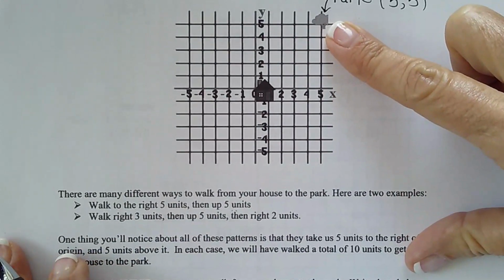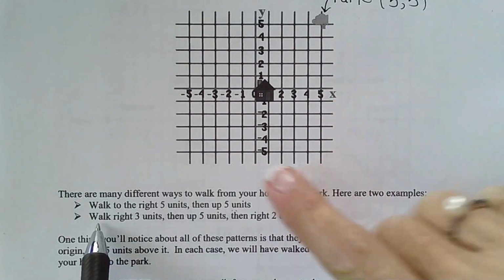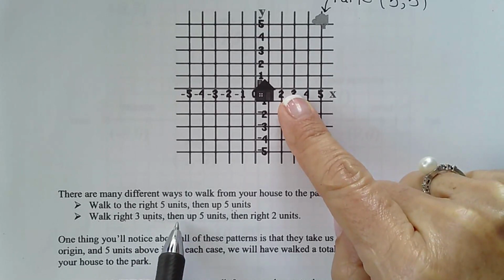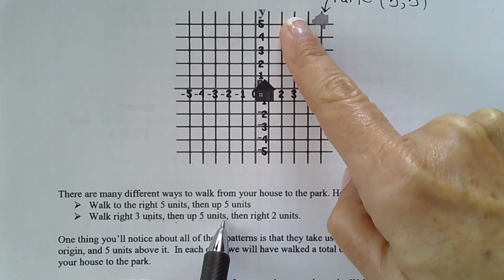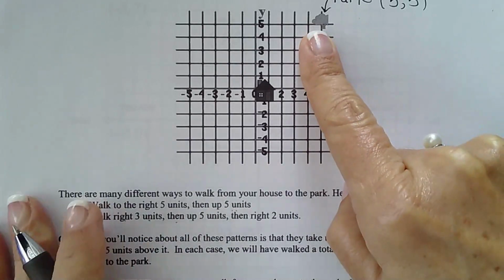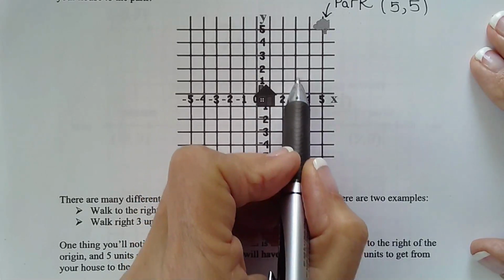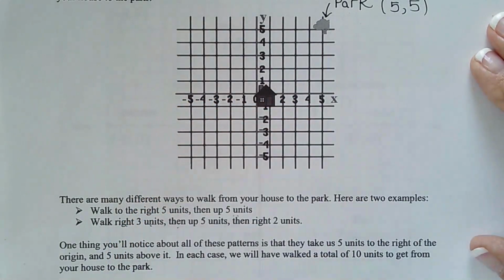So that's one way. Another way would be walk right 3 units, up 5 units, and then right 2 units. So walk right 3, up 5, right 2. So that's another way to get there.